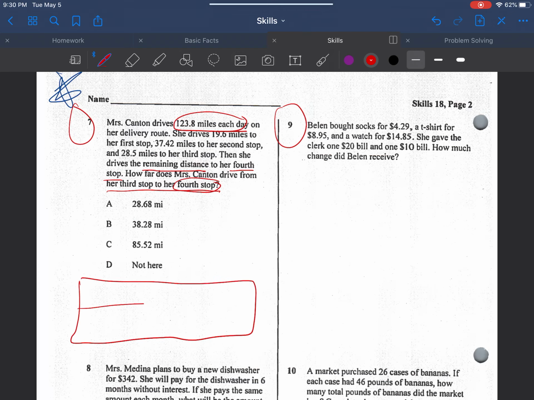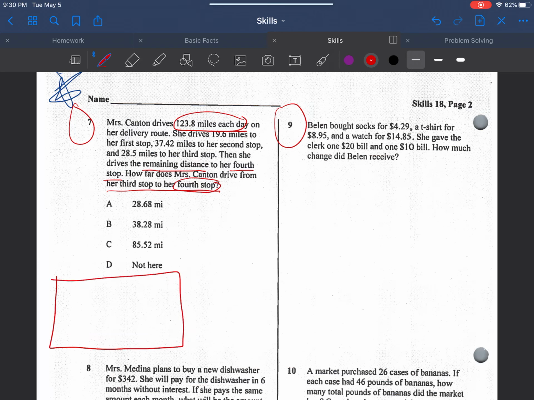First things first, we do know that she drives 123.8 miles each day. That means that is going to be my total. And I probably did that too big. Let me do it again. So her total is 123.8 miles each day.